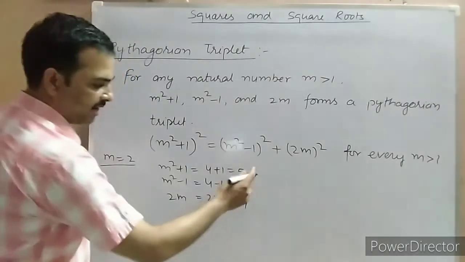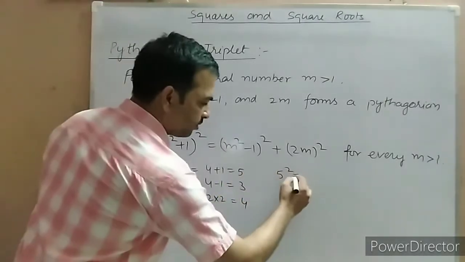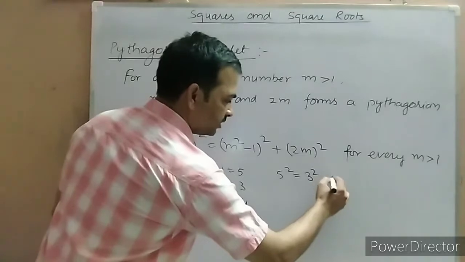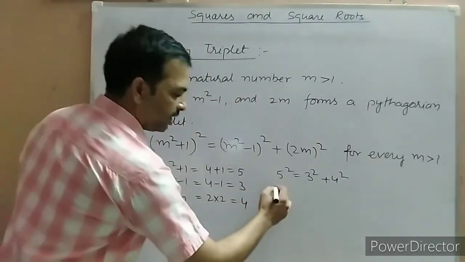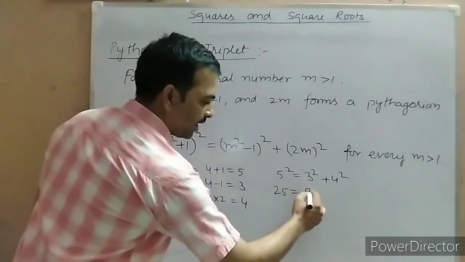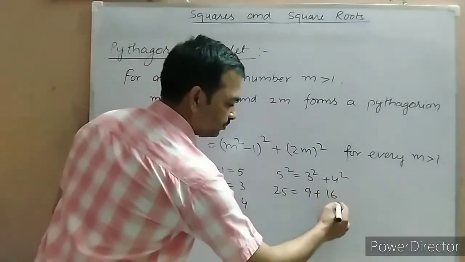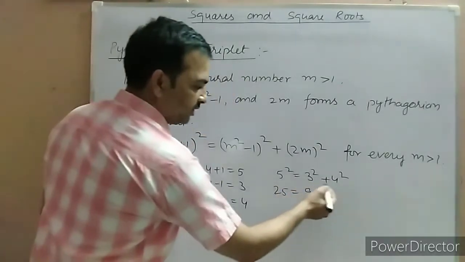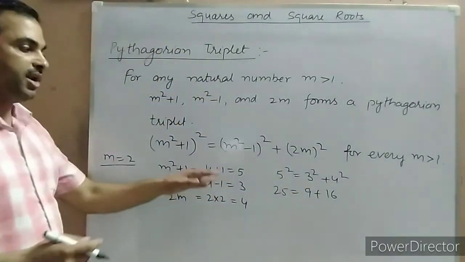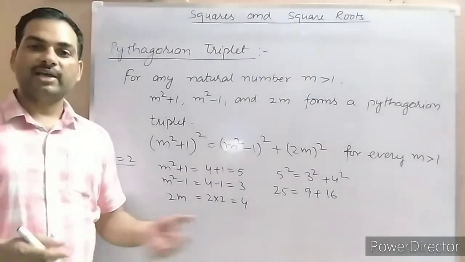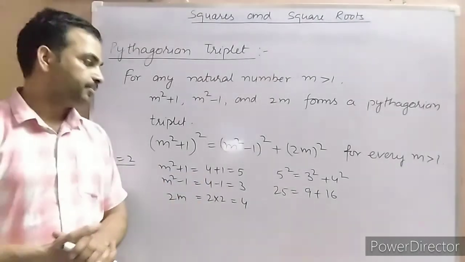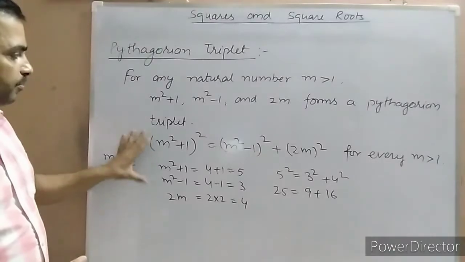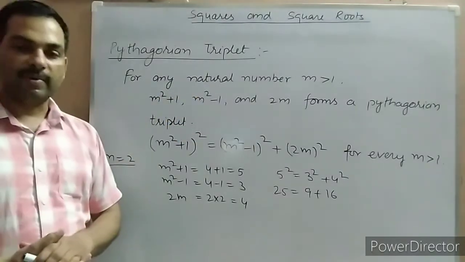So here we can see that 5 square is equal to 3 square plus 4 square, okay, 25 is equal to 9 plus 16. So these three numbers, 3, 4 and 5, are known as a Pythagorean triplet. Okay, so this is the method to find a Pythagorean triplet.